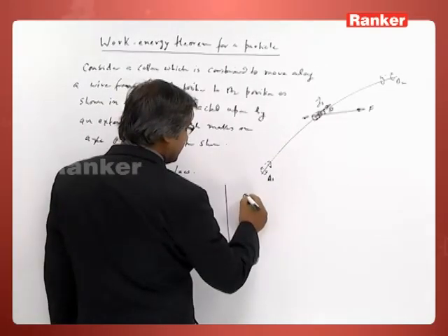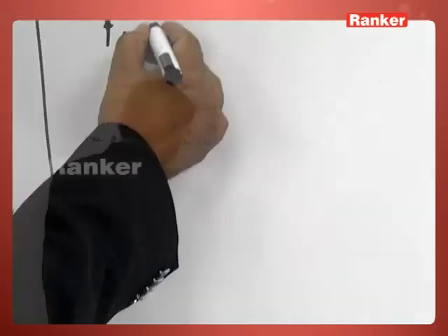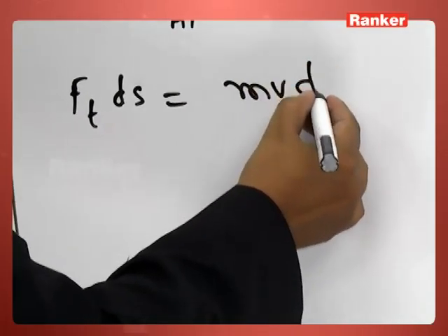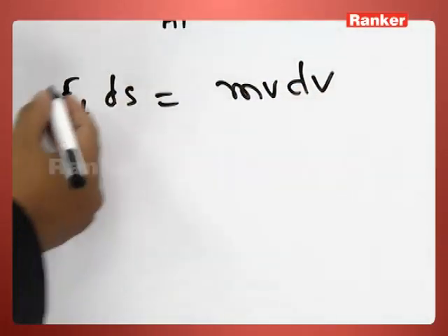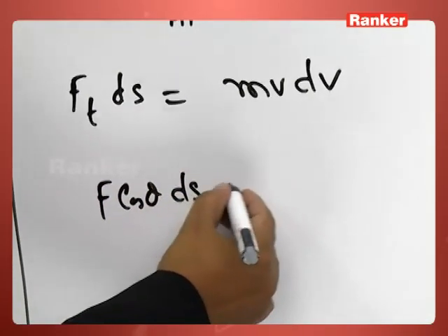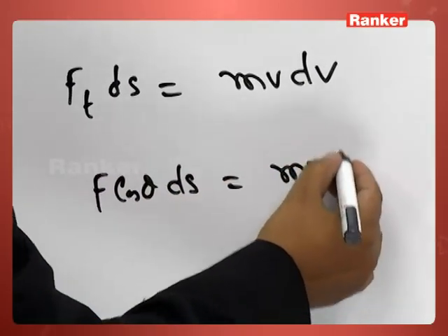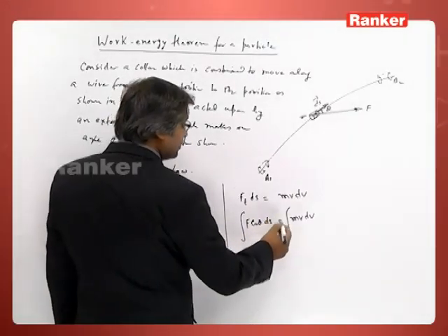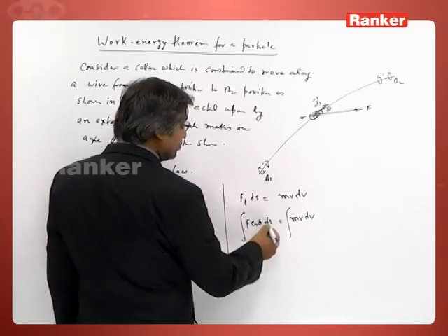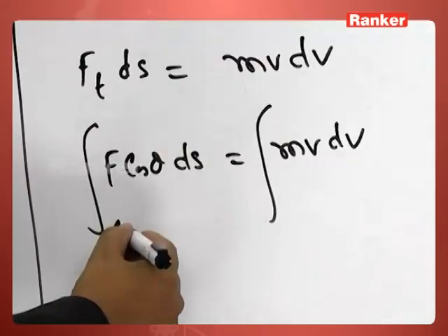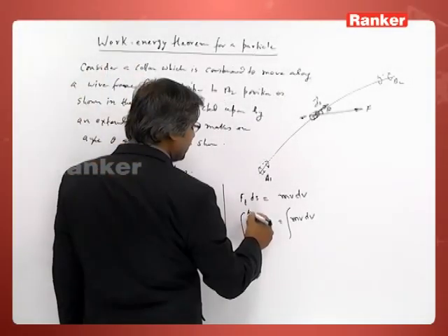So F tangential into ds is equal to mv into dv. This can be further written as F cos theta into ds is equal to mv dv. If I integrate this and put the limits, S1 means the first position, this is A1, and this is position A2.